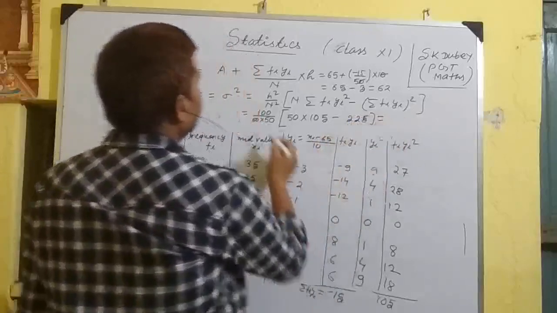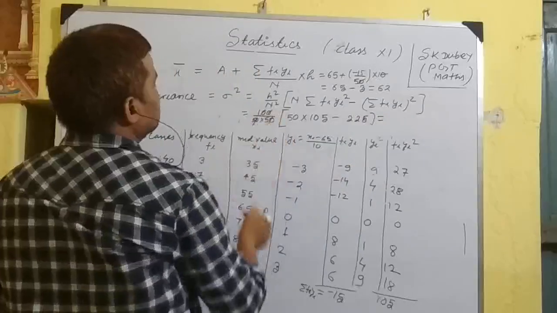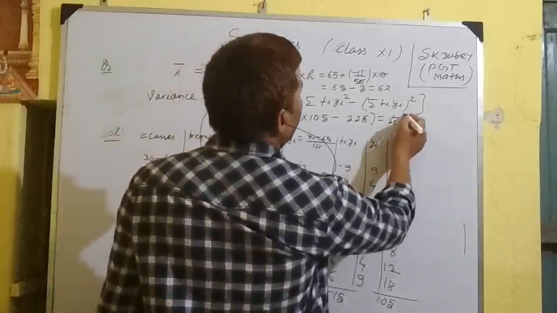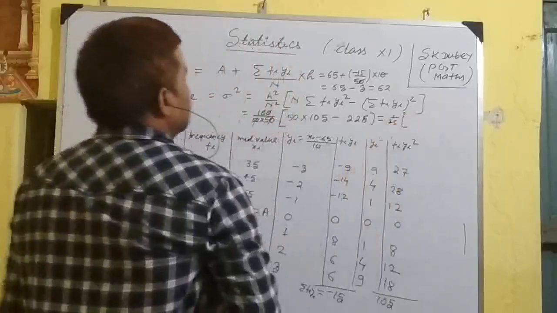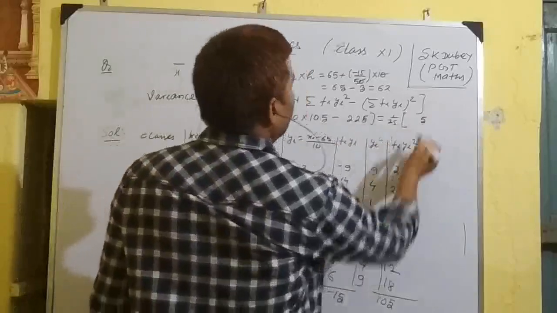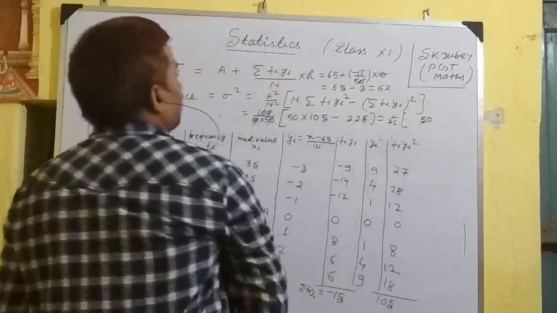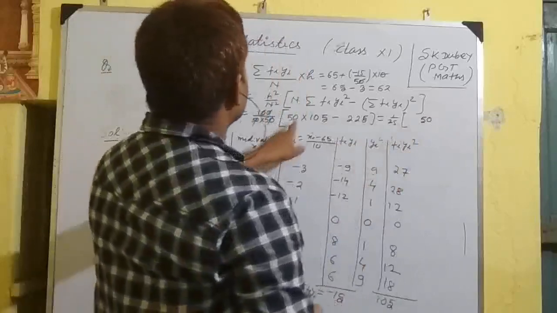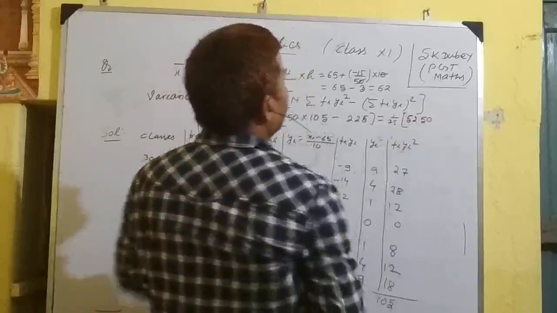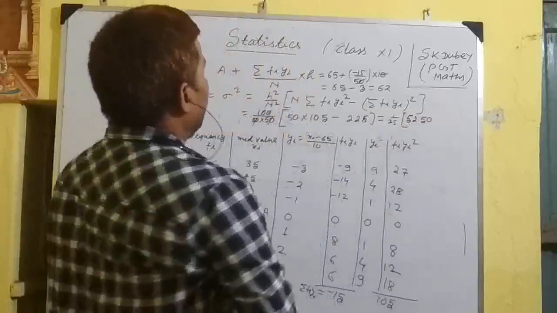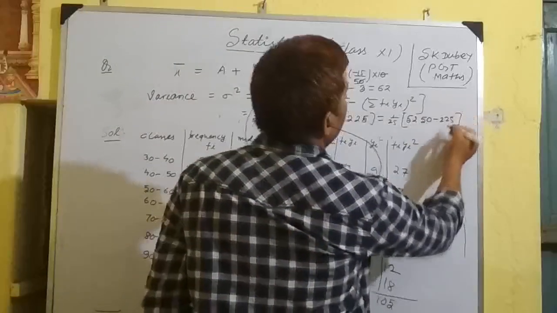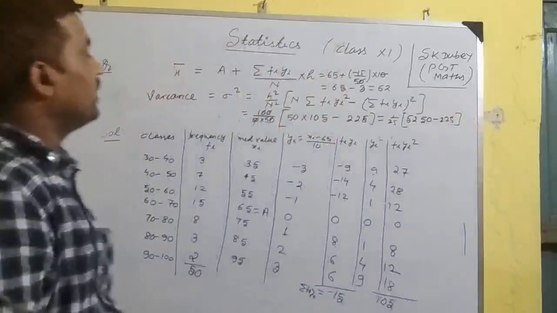The zeros will be cancelled. 1 by 25 into 5250 minus 225, divided by 25.